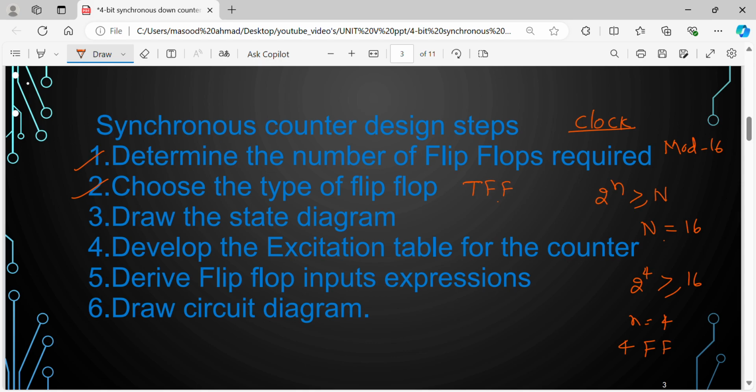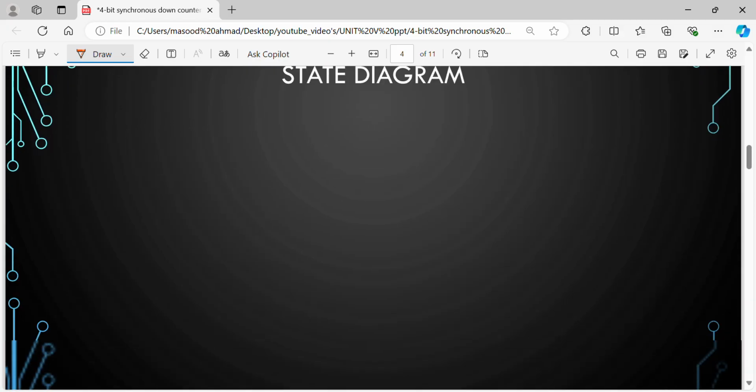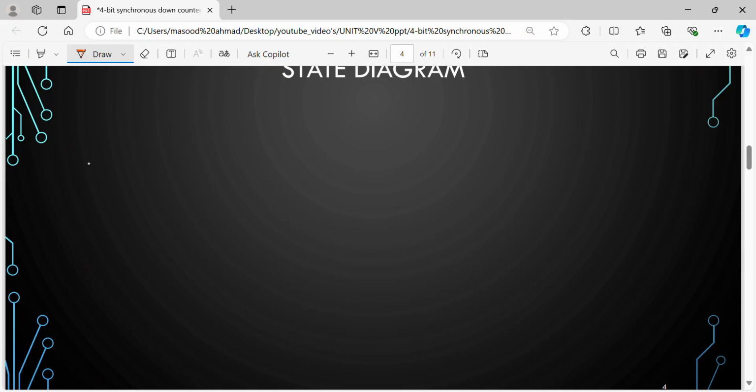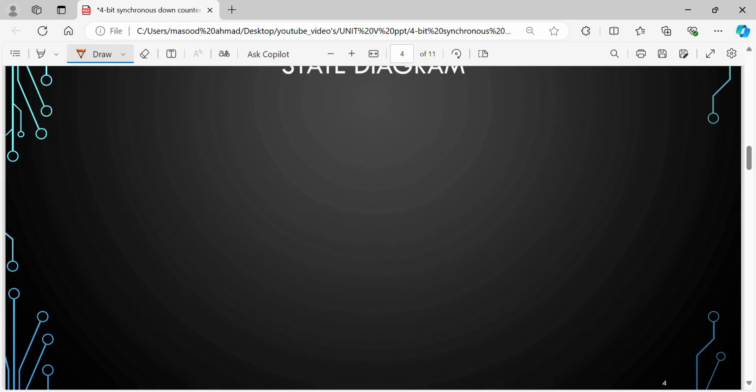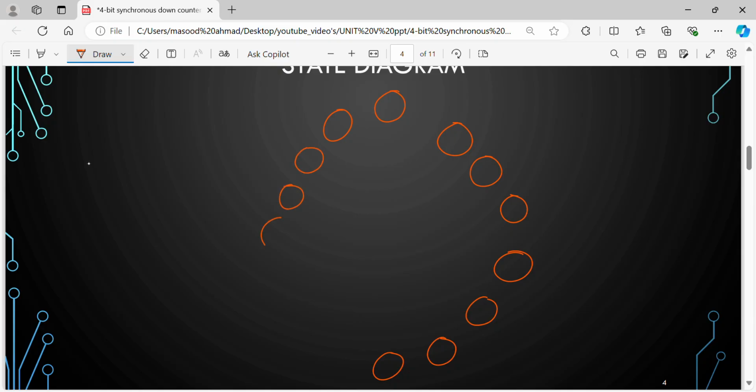So we will look at the state diagram. We have seen the state diagram for the up counter, so it's the same. What I try to do is draw it with a larger diagram.